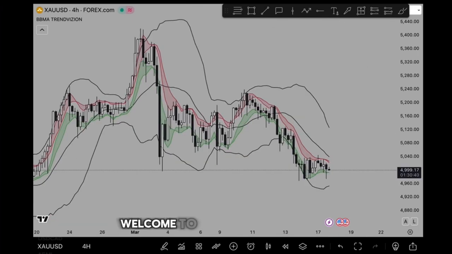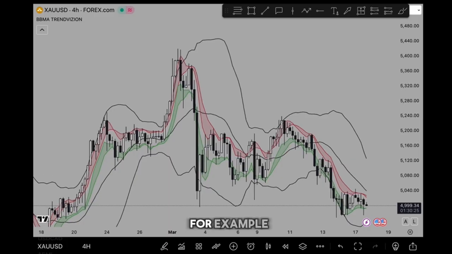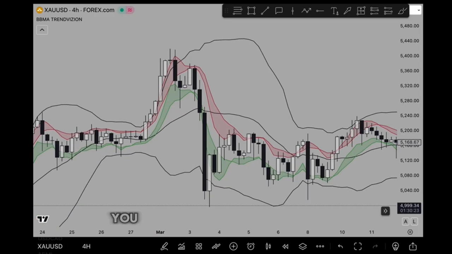Okay, so welcome to the next part of BBMA, which is multi-time frame analysis. Now, this is not really that advanced if you get the basics of it. So, for example, you want to trade the 4 hour as first time frame.